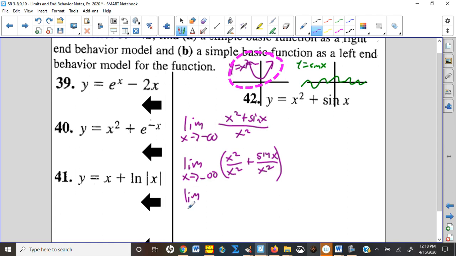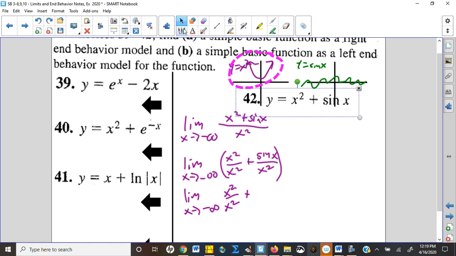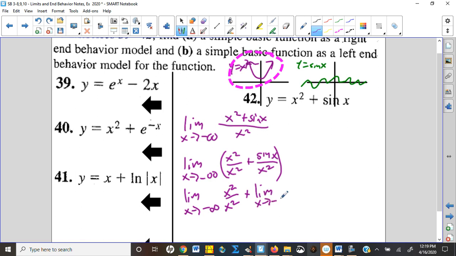But what I'm going to allow you to do on these problems is split the fraction and the limit kind of simultaneously. So I would actually let you go straight from the first step up there, the original check once we do our division, to this point right here directly.